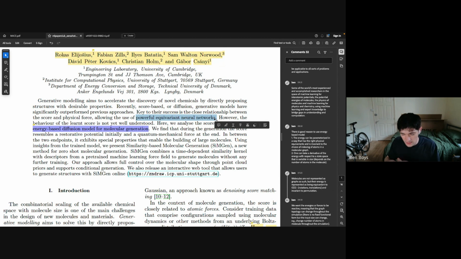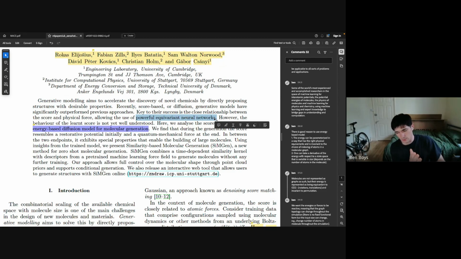The translation invariance is baked into the neural network because the inputs are relative positions. So it's like the position of this atom minus the position of this atom. It gives you this vector. And if you translate the whole molecule, this vector doesn't change. And the clever part is the equivariance with respect to rotation. If you rotate the coordinate system, then the internal forces also rotate.